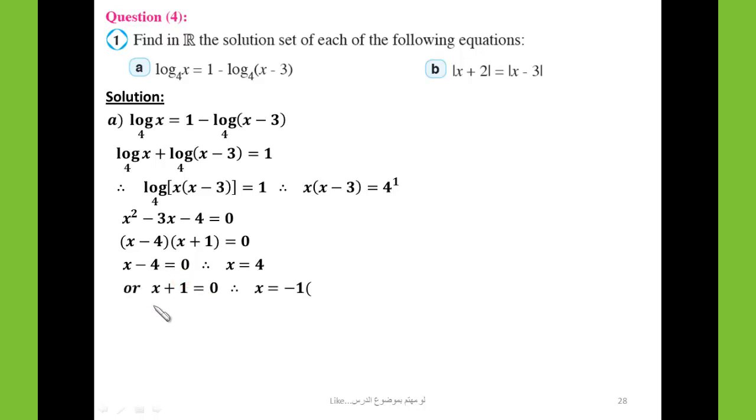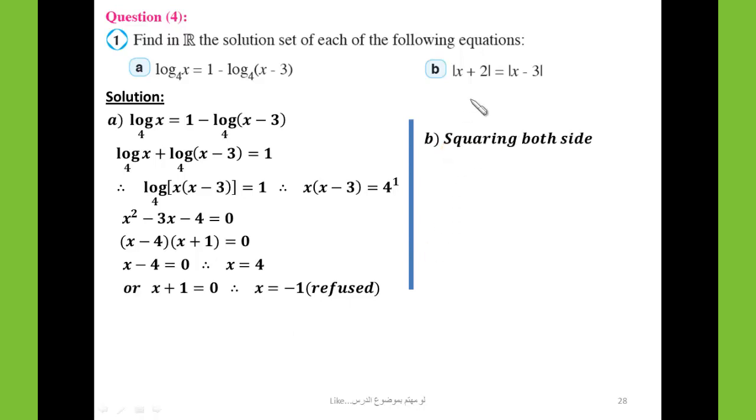When x plus 1 equals 0, x equals negative 1, and this is a refused answer because there is no logarithm for a negative number. So x equals negative 1 is refused. And the solution will be x equals 4.